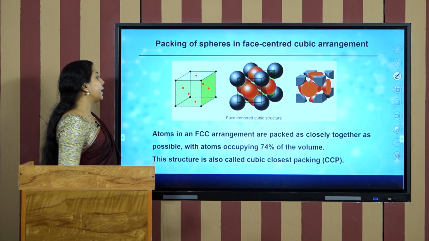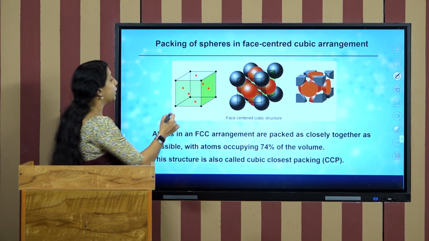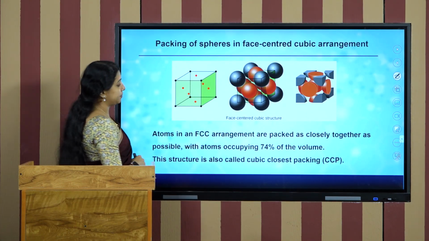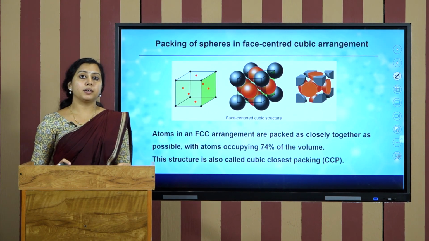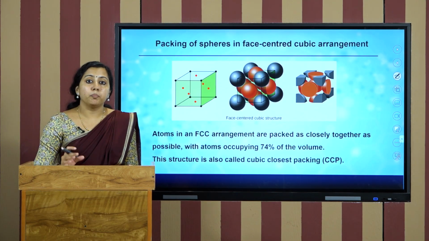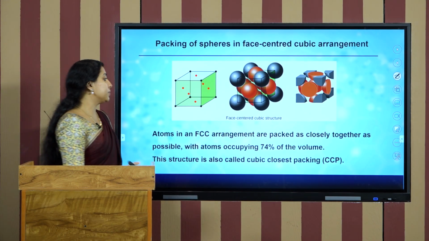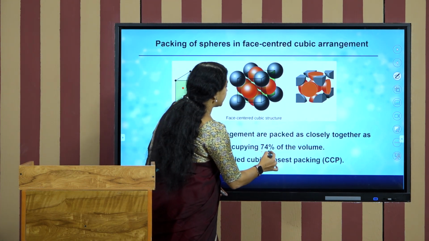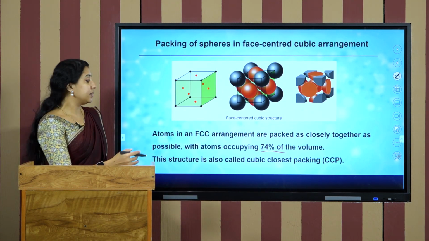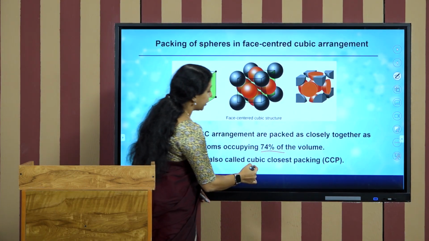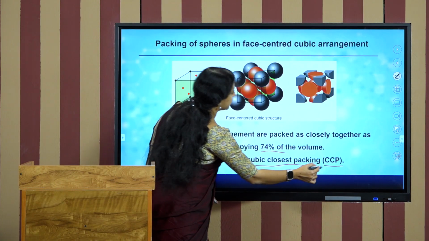In a face centered lattice, you can see that the atoms are present at the corners and also at the centers of each face. Atoms in an FCC arrangement can pack more efficiently, occupying 74% of the volume. As we discussed in the previous class, this structure is also called cubic close packing or cubic closest packing, denoted as CCP.